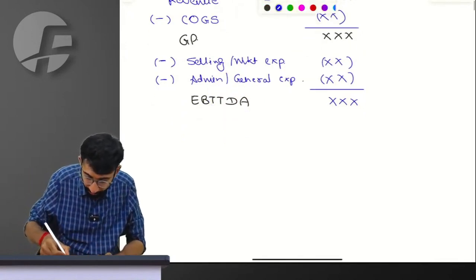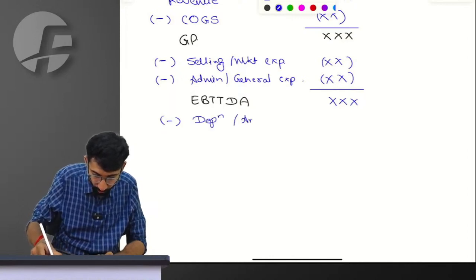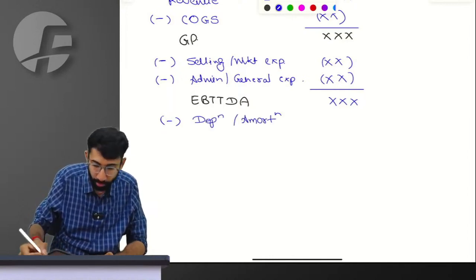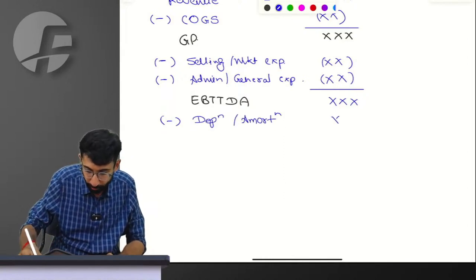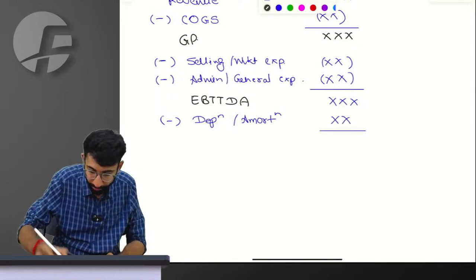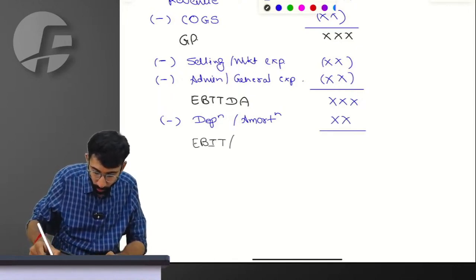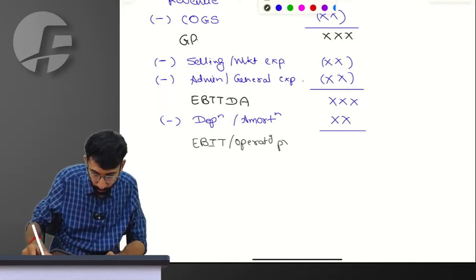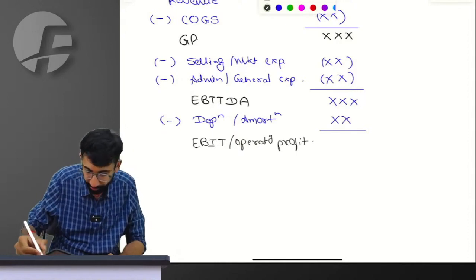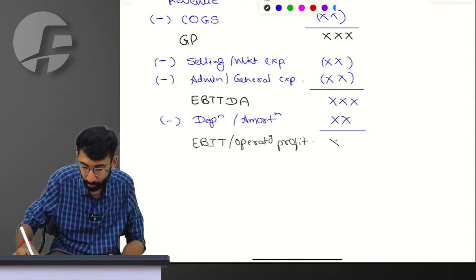Now let us deduct depreciation or amortization, and when I do so, what I get is called as EBIT, which is also called as operating profit.